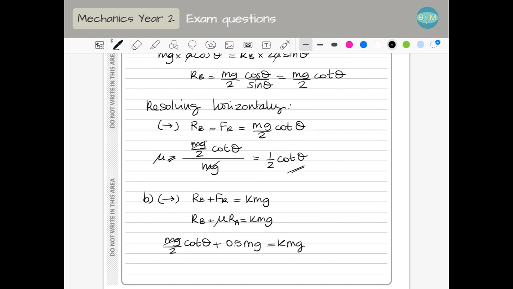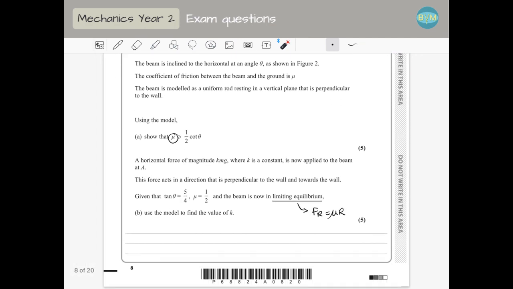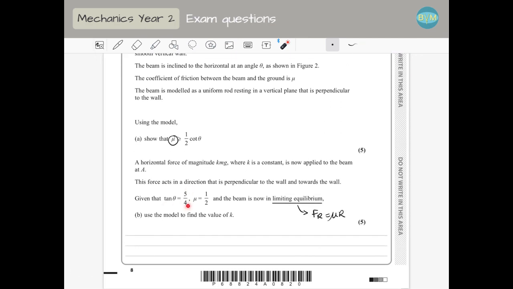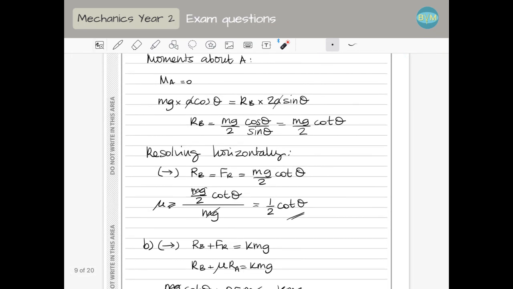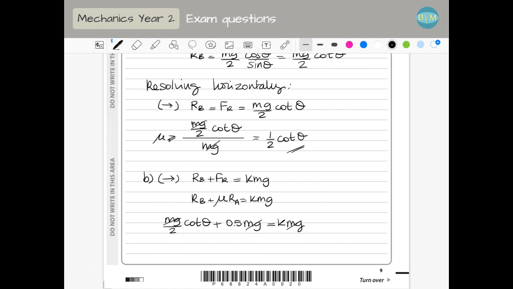We can cancel mg everywhere, and we can substitute cot theta by its value, because tan is 5/4, that means cot is 4/5. Yeah, it's the reciprocal, 4/5. So I have 1/2 times 4/5 plus 1/2 equal to k. Therefore, just adding those values, k is going to be 9/10 or 0.9. Yeah, and that's the value of k.